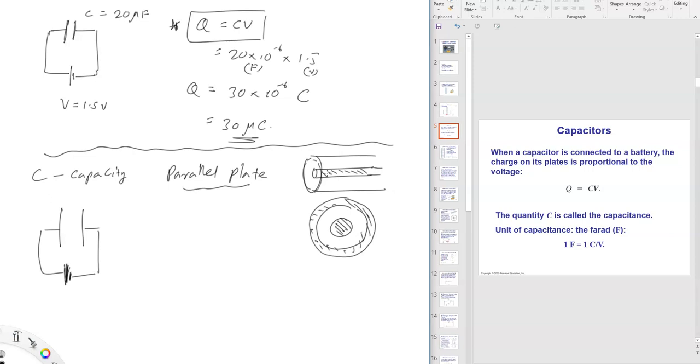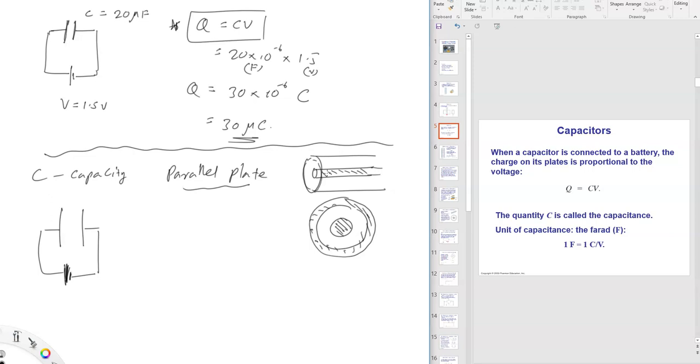Like neurons can be thought of as cylindrical objects. Sections of the human heart or human brain can be thought of as having a spherical-like structure, so we can calculate their capacities. But we're going to stay with the parallel plates.